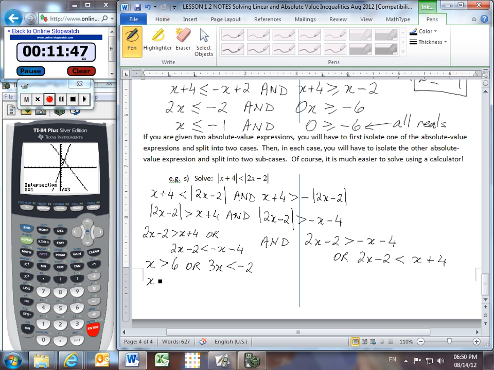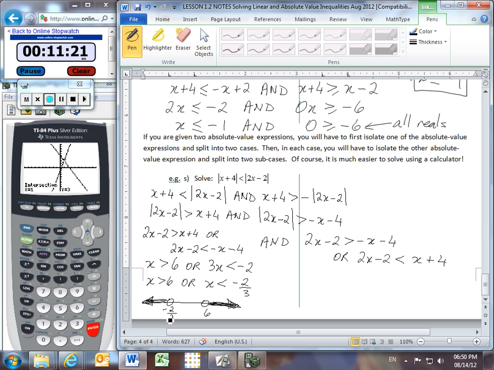So this means that x is greater than 6, or x is less than negative 2/3. And if you graphed that to see if it could be simplified, we'd end up with x is greater than 6, or less than negative 2/3.